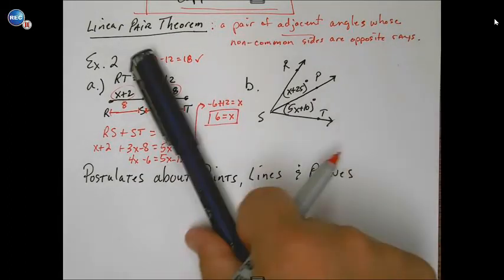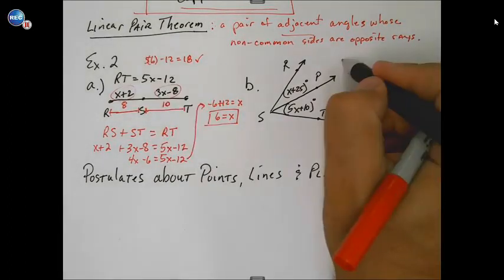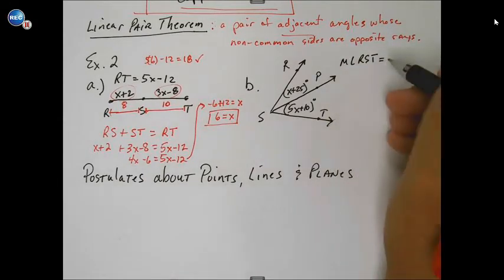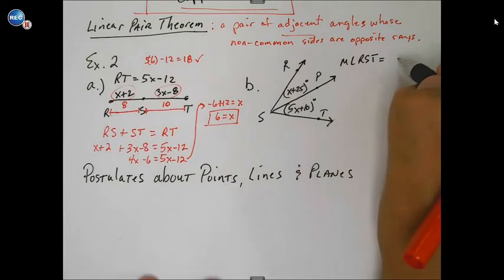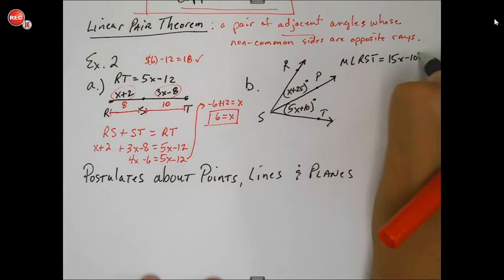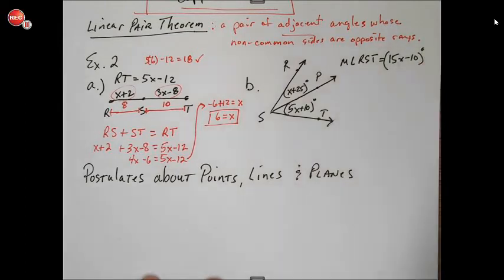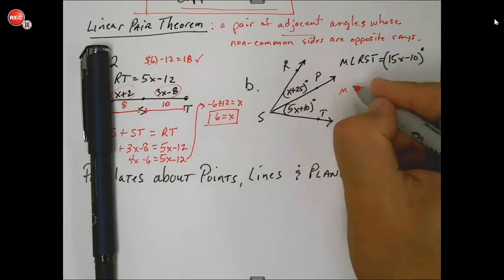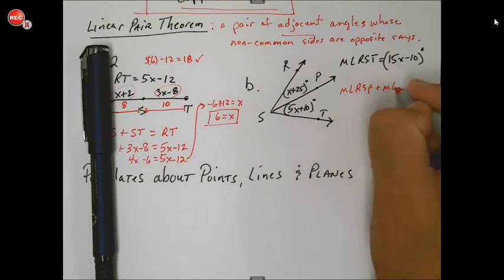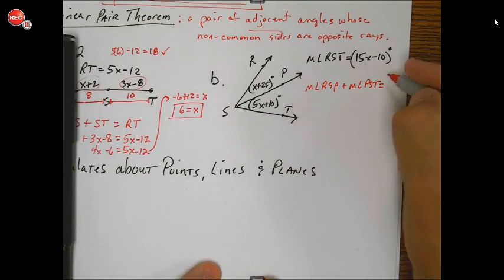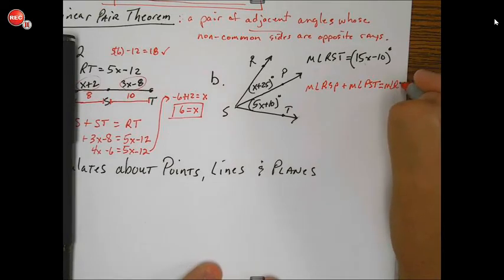All right, and the given information says that the measure of angle RST is 15x minus 10. And so if I add the measure of angle RSP plus the measure of angle PST, it's going to equal the measure of angle RST.